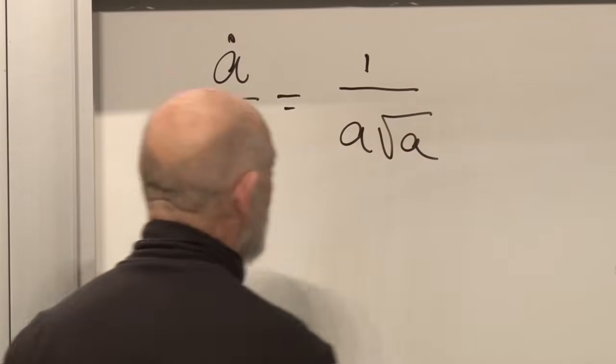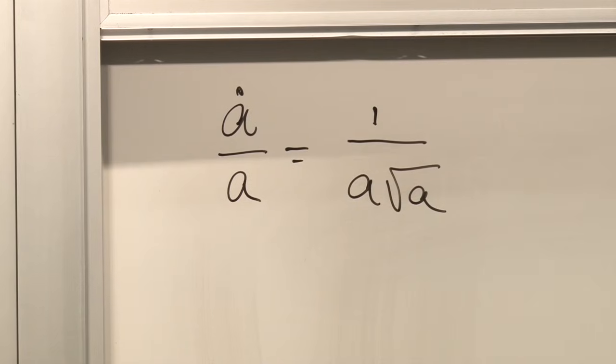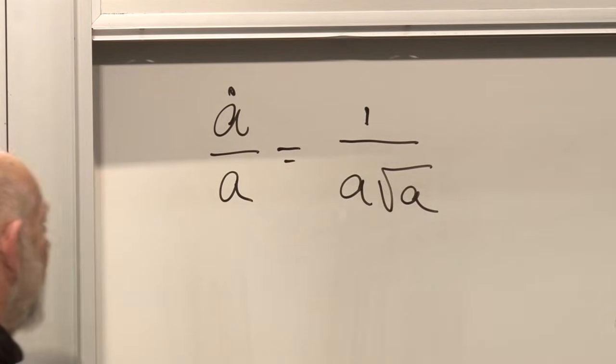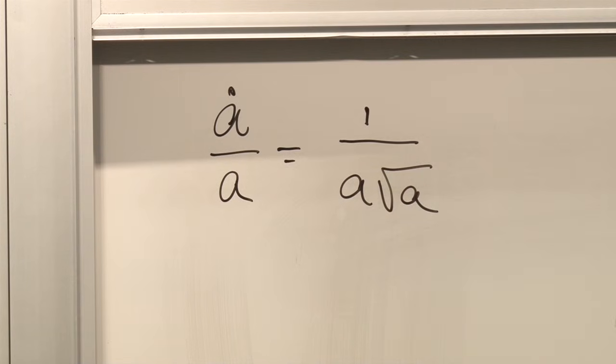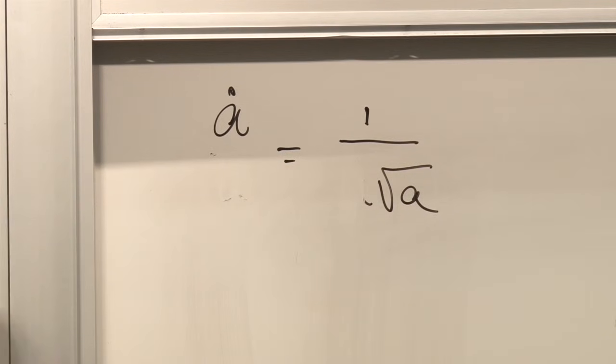Do you see where that came from? a cubed is a squared times a. The square root of it is a times the square root of a. Okay. Let's multiply both sides by a to get rid of it in the denominator. And that just tells us that a dot is 1 divided by the square root of a. That's where we would like to begin.